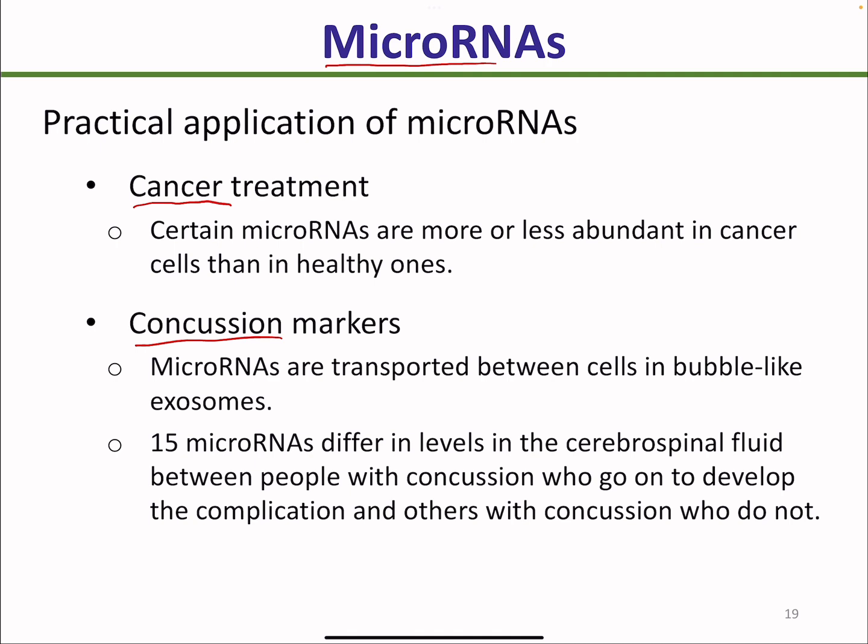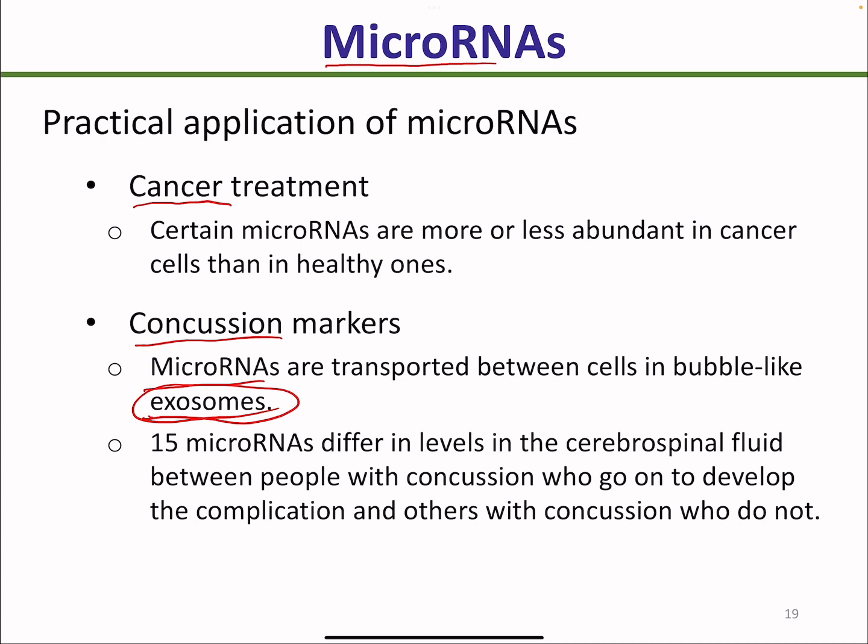Where there are a number of microRNAs that are transported by some vesicles called exosomes. So these exosomes are going to leave the cell, to actively go out of the cell.